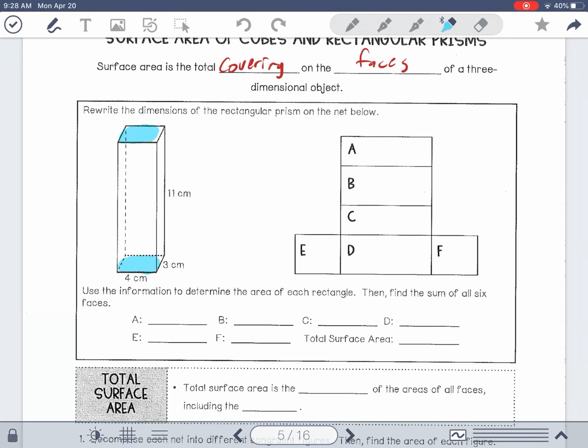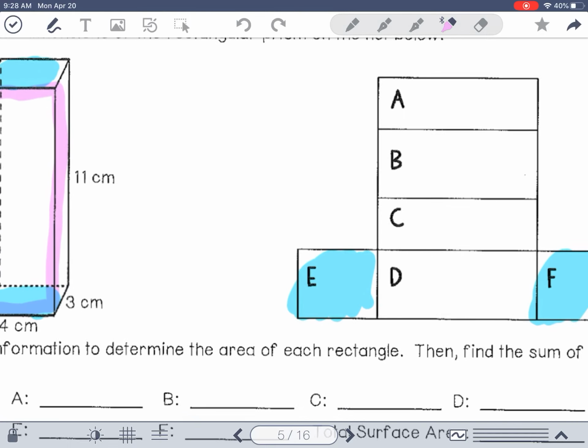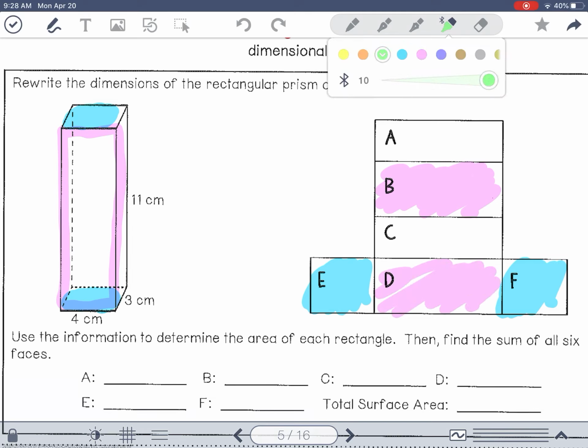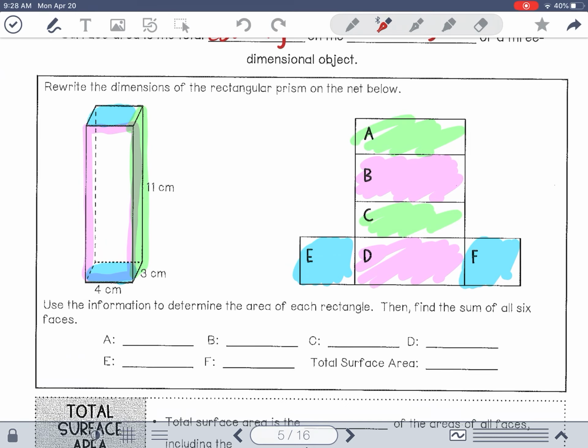If this is my base and this is my base, those match E and F. Then you've got the front and the back, which match B and D. Finally, you've got the sides, which match up with A and C. When you look at each one, they're all 11 centimeters because they're all rectangles.